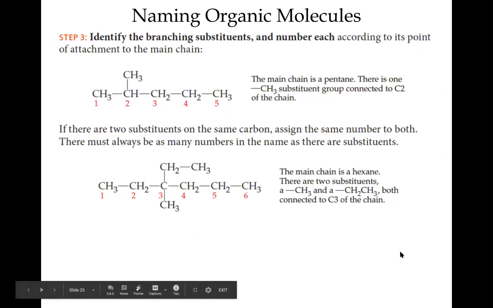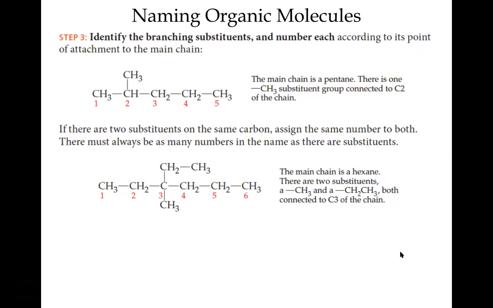So now we've got the longest chain and we've numbered it properly. The next thing we need to do is name the main chain, okay? Find that longest continuous chain of carbons. Number the carbons from whatever end is closest to the branches. And then you have to figure out, how many substituents do we have? Do we have more than one?